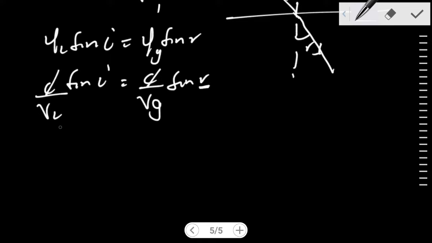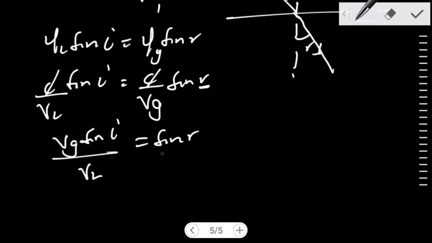If you look, this goes with this, but we are looking for this. So if I make sine r the subject, I have sine I all over the speed of light within the liquid, equal to sine r.